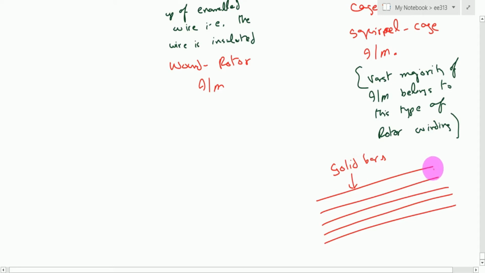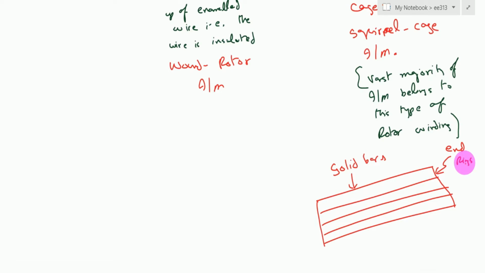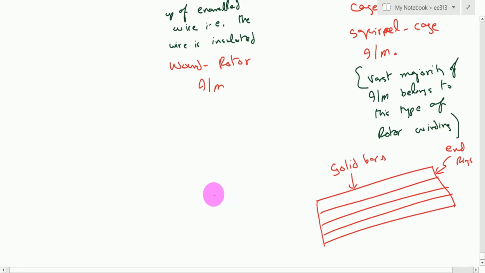The opposite ends are short circuited like this. So the entire construction, the bars and these end rings, resembles a squirrel cage. So this is a planar structure of a squirrel cage induction motor rotor.